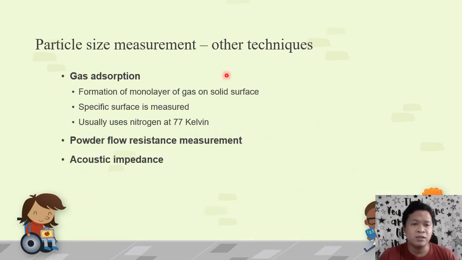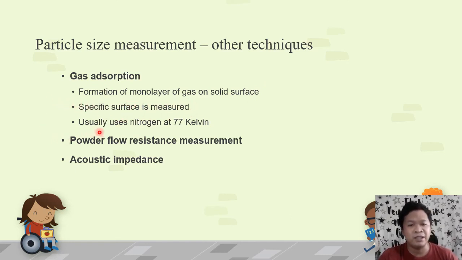So gas adsorption, on the other hand, as previously mentioned, which usually uses nitrogen at 77 Kelvin, a very low temperature. You form a monolayer of nitrogen gas on the surface of your solid, and based on the amount of nitrogen, you measure the specific surface of that gas.